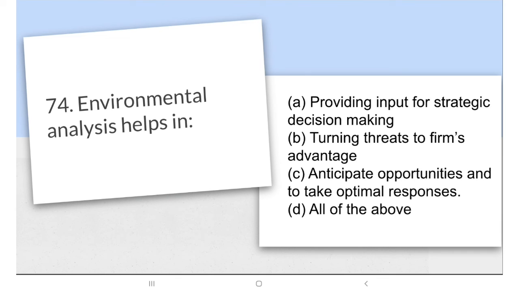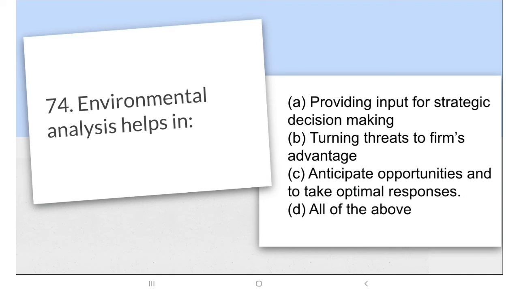Next question. Question 74. Environmental analysis helps in. So we can see the options. Option A, providing input for strategic decision making. I guess a similar kind of question was discussed earlier too, in which we saw option A is obviously right.